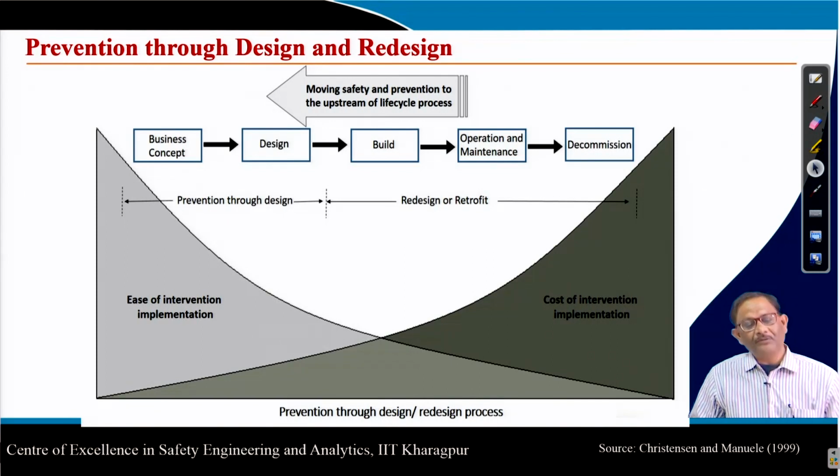When you are thinking from prevention through design, at least at the design stage, you have to understand what are the different kinds of hazards, what are the different kinds of incidents that can take place during build and commissioning or construction, during operation and maintenance, and during decommissioning or disposal.